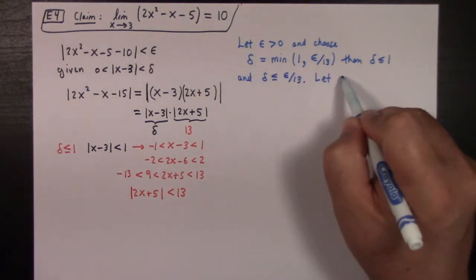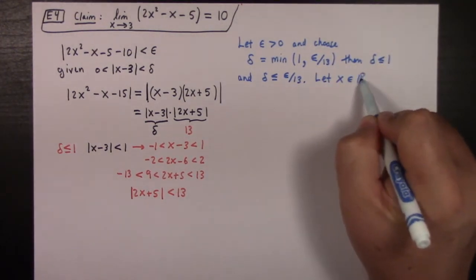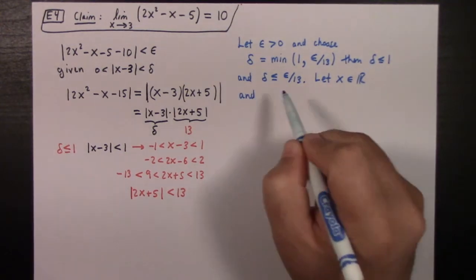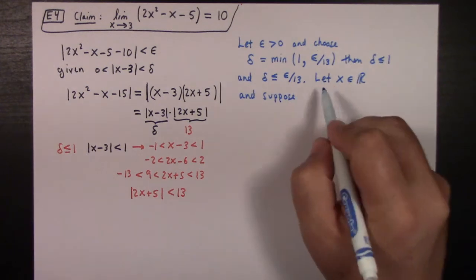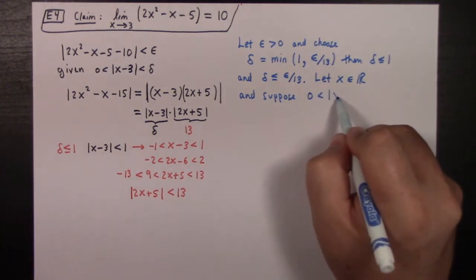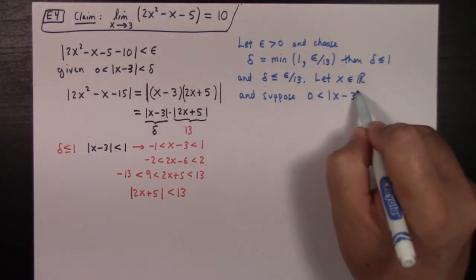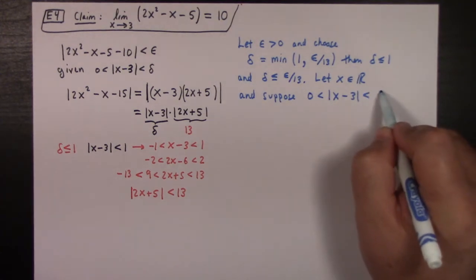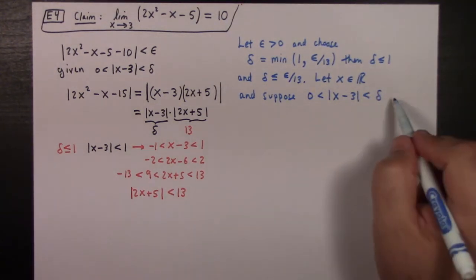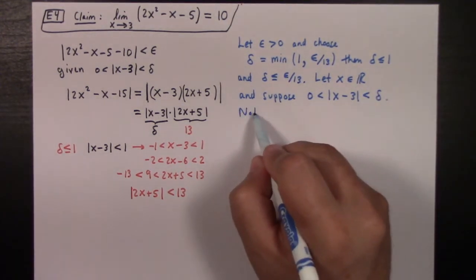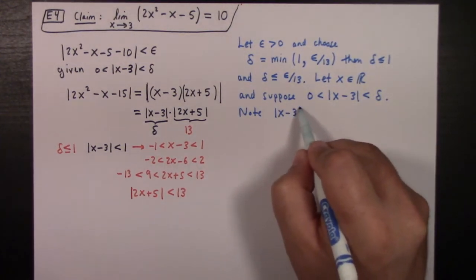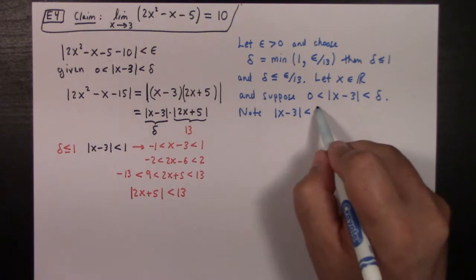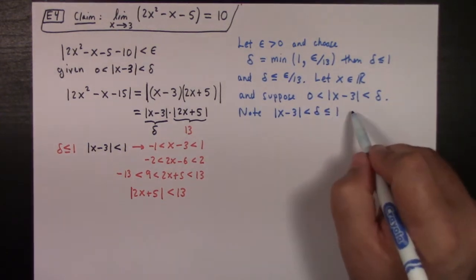Let x be a real number, and suppose 0 is less than absolute value of x minus 3 is less than delta. Note, absolute value of x minus 3 then is less than delta, which is less than or equal to 1.